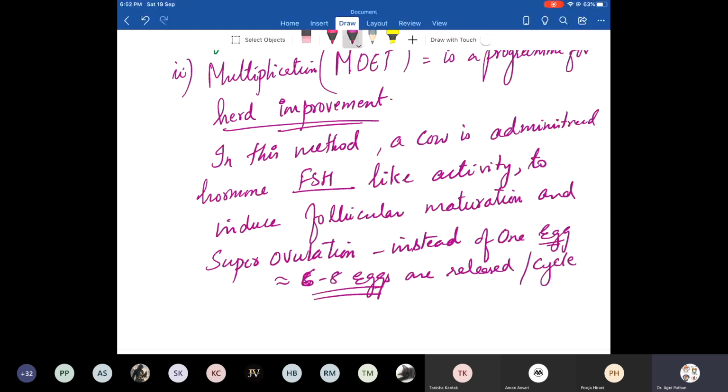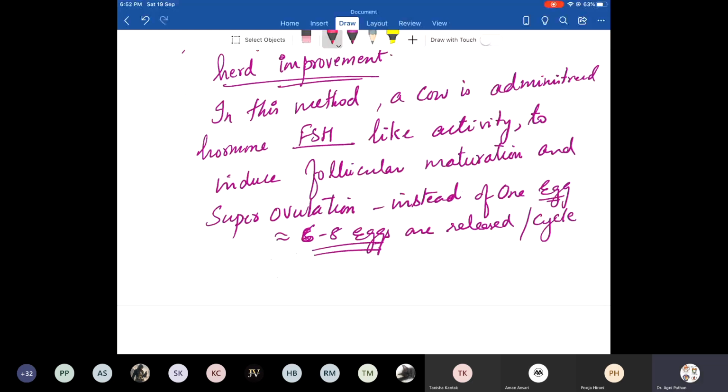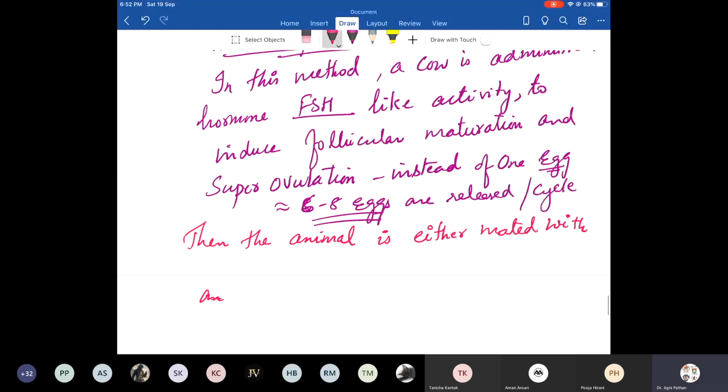Then the animal is either mated with a bull or artificially inseminated. You can either help mate it with a bull, or the sperm can be artificially inseminated into the female tract.